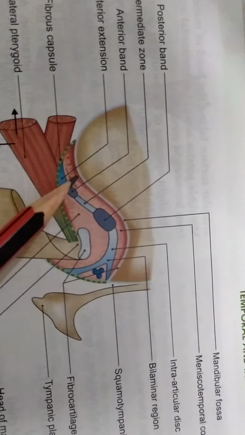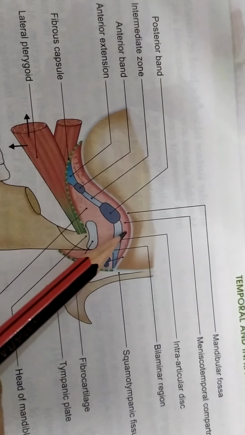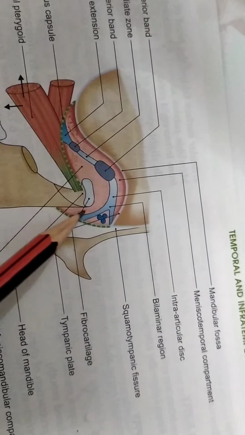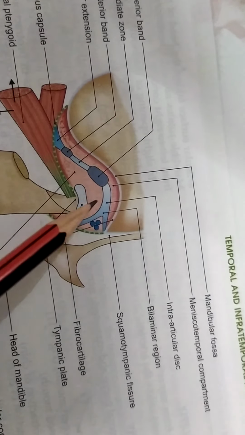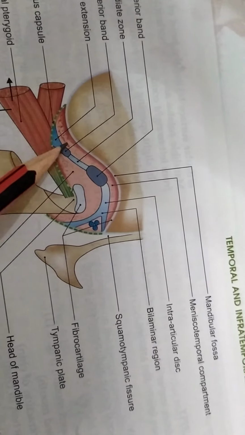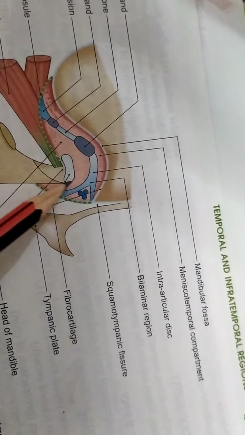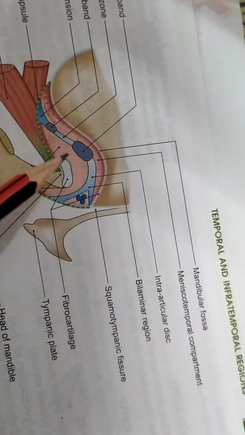See, this is the upper compartment, which is also called the meniscotemporal compartment, while this is the lower compartment, which is called the meniscomandibular compartment. And the articular disc will divide the joint cavity into the upper and the lower compartment.